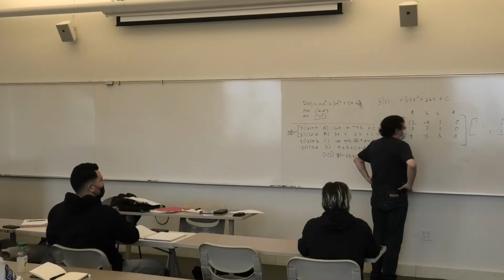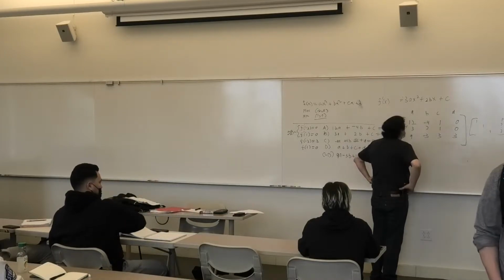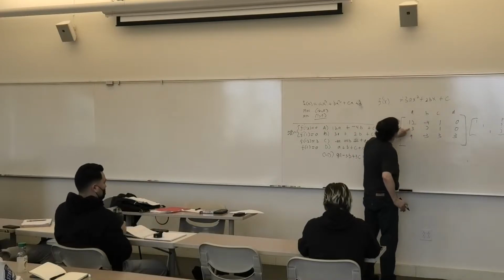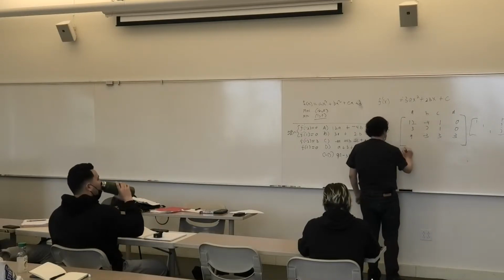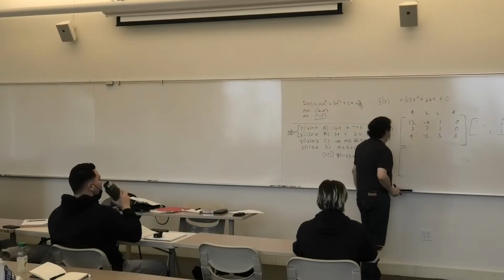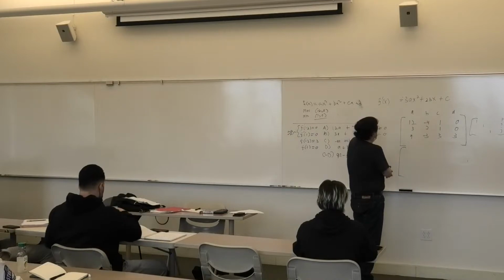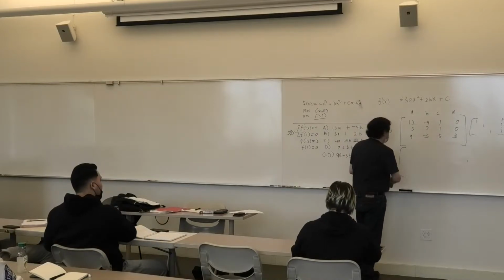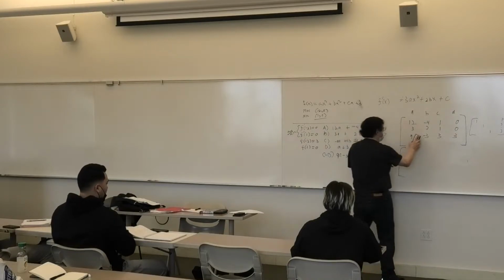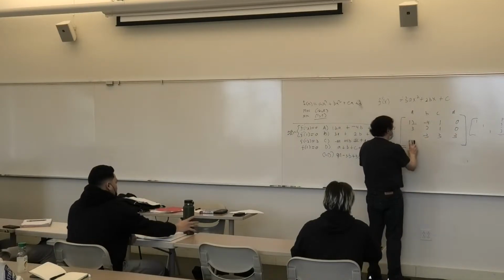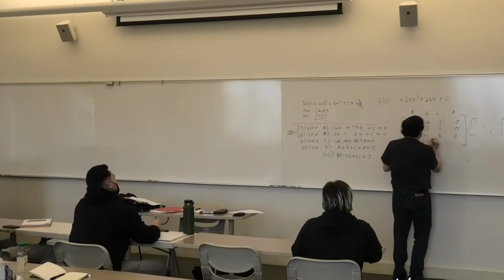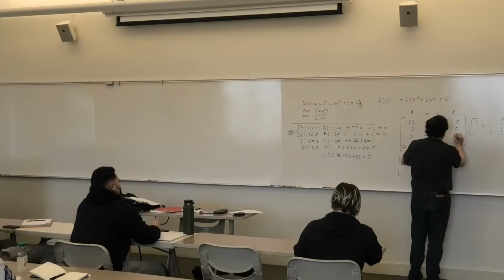So let's multiply this by 4 and subtract it from here. Oh no, that's not what we want. No, we might want it. Well, first thing, I'm going to divide this by 3. 3, minus 1, 1, 1.